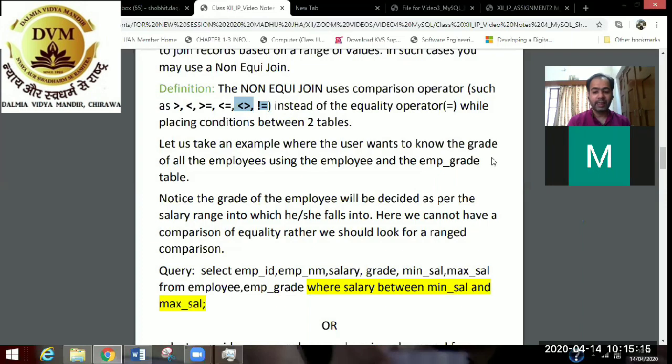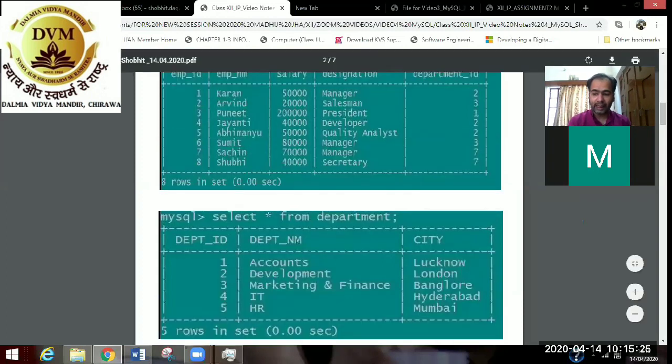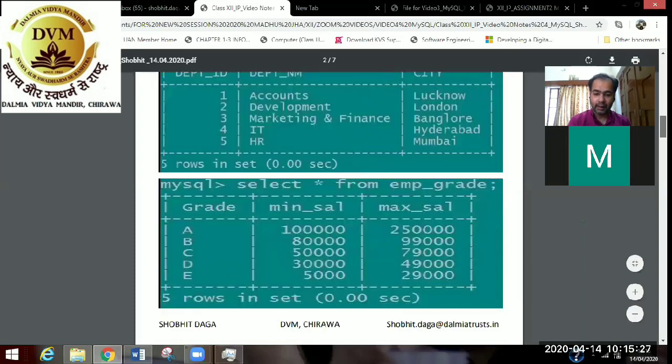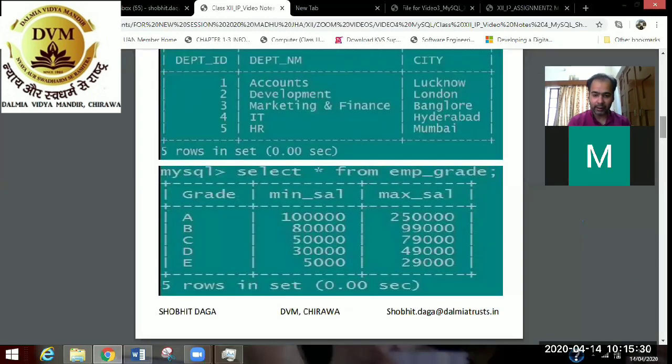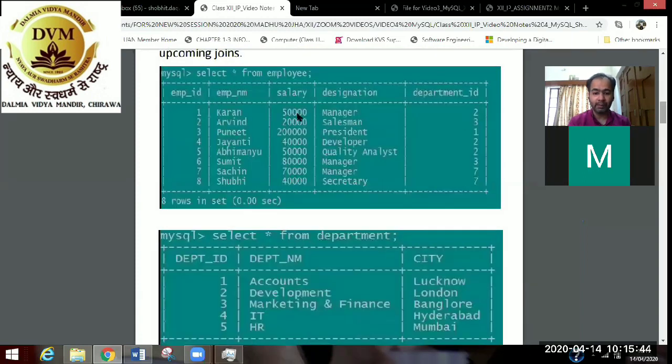In the employee and EMP grade tables, if we wish to know the grade of all the employees, we will have to use both these tables. But as we have already discussed, there cannot be a condition of equality here, and hence comes the non-equi join. Say the very first employee, named Karan, has a salary of 50,000.